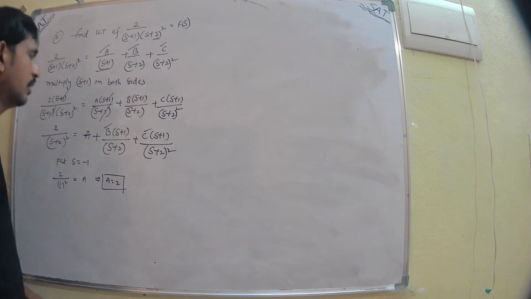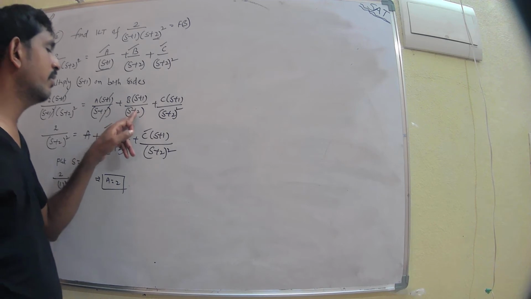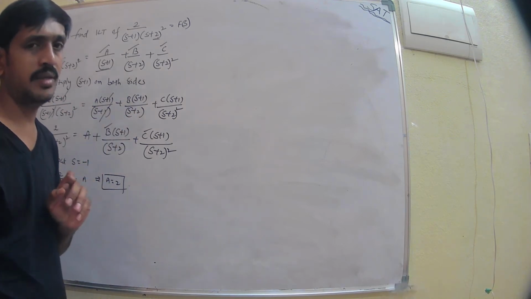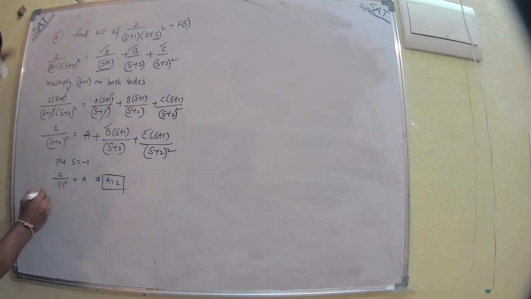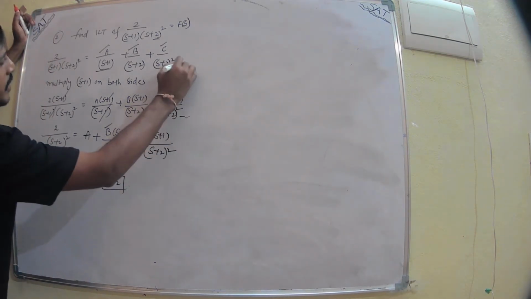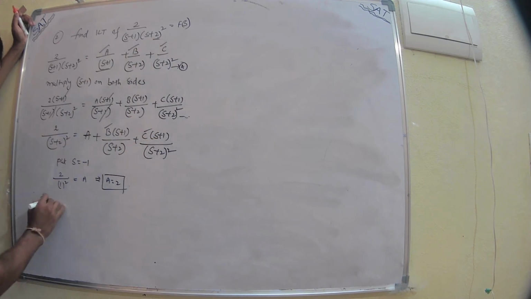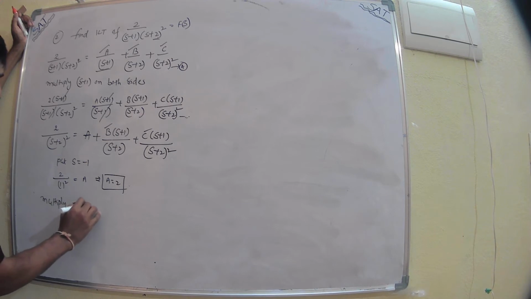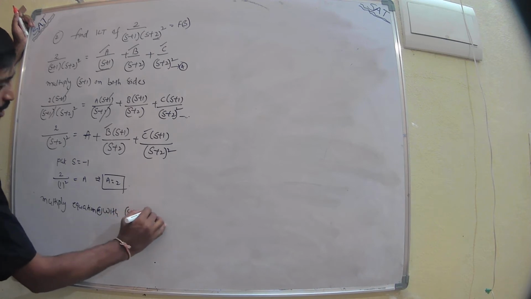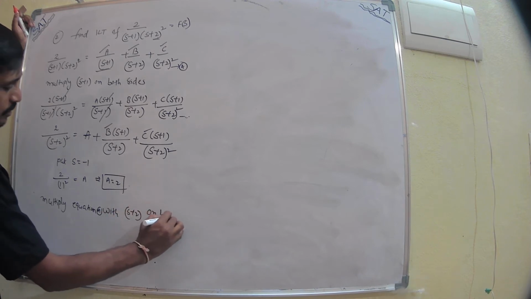Now to find the B value, multiply equation A with the (s plus 2) factor on both sides.